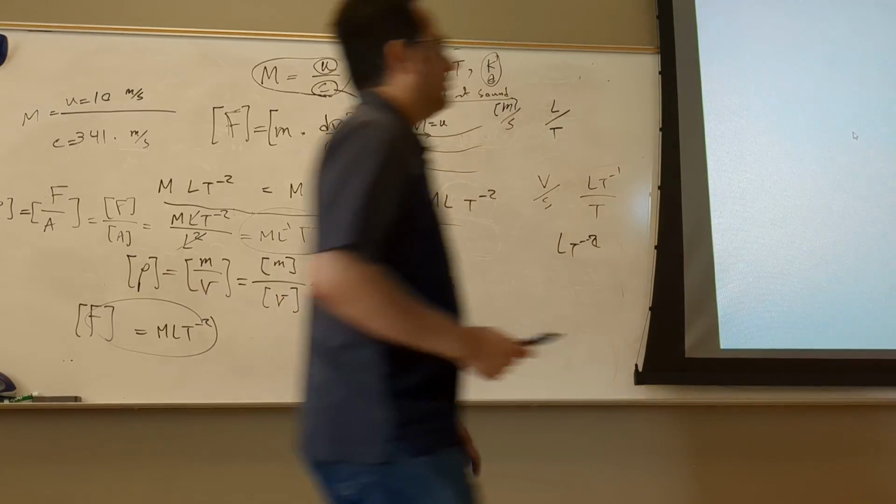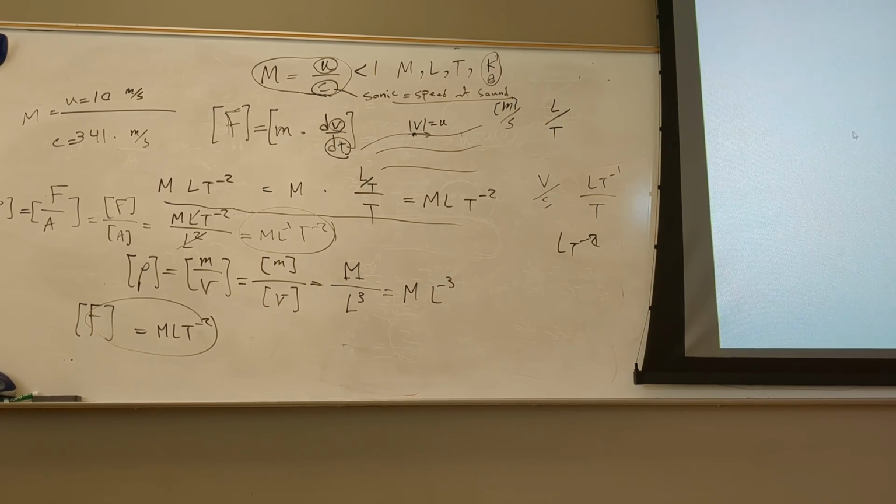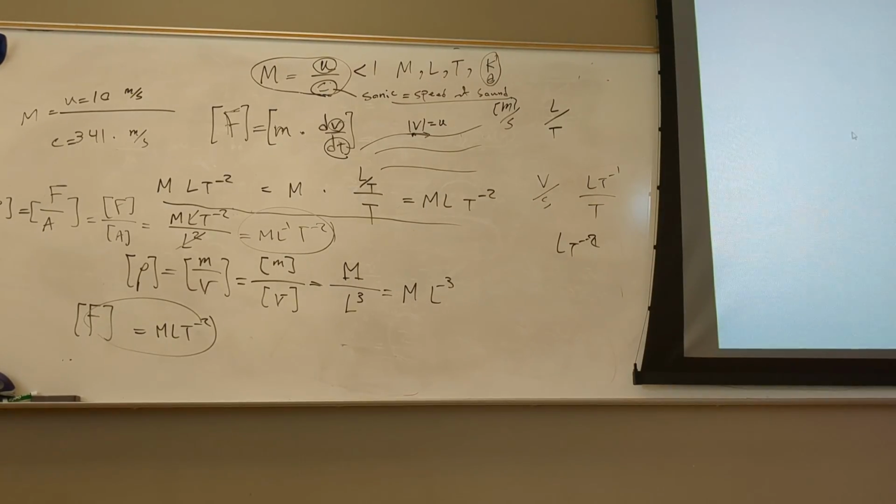What should I put for rho? M L negative 3, times V, times L, divided by the viscosity, the dynamic viscosity, which is M L minus 1 T minus 1.